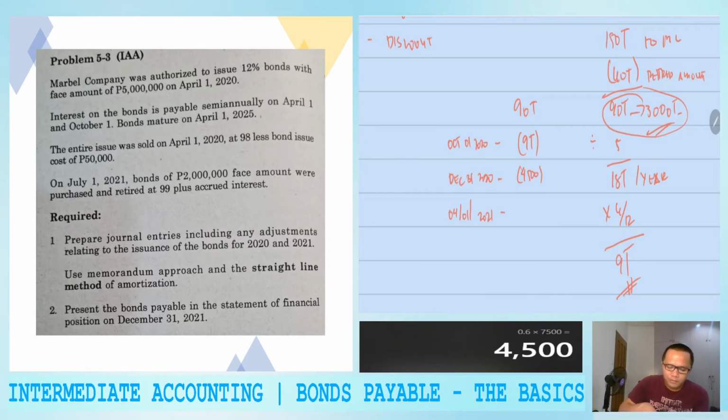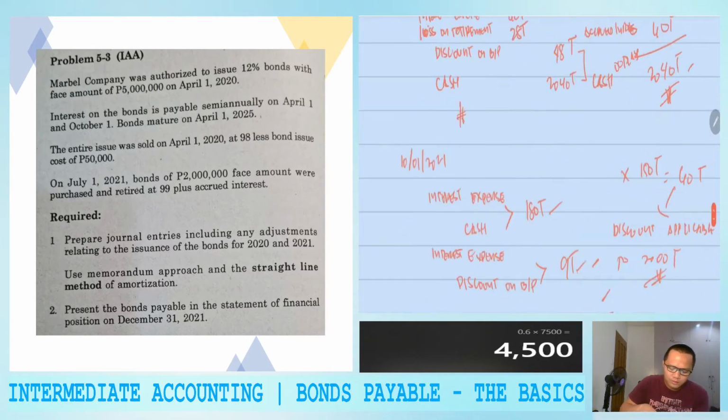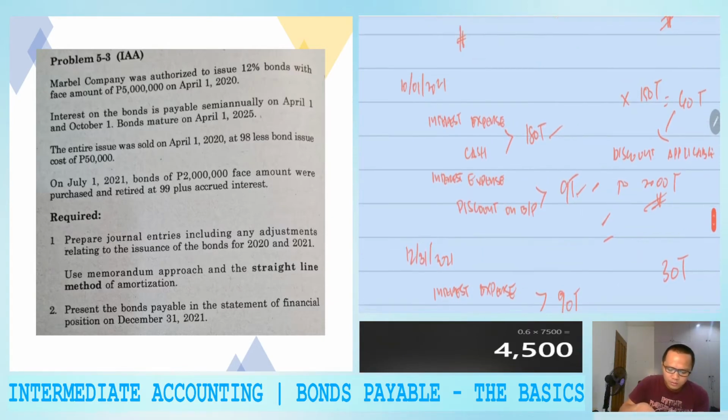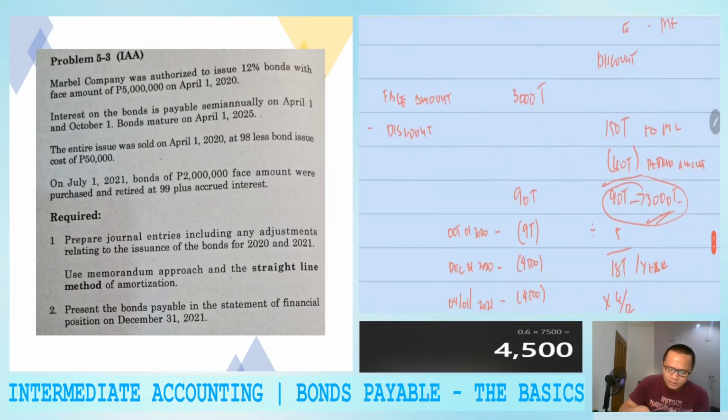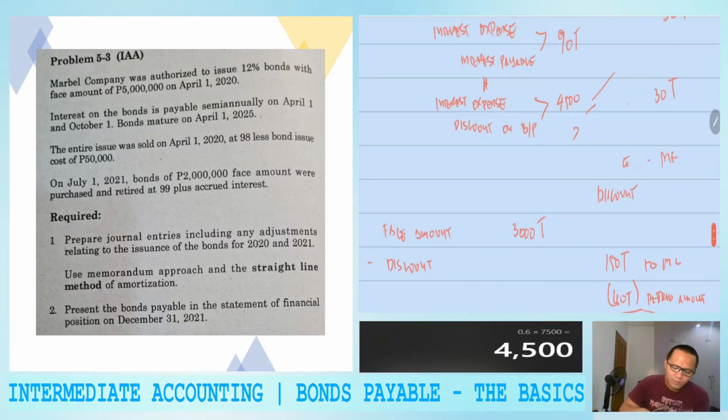Again, 7.5 yun. Di ba? So obviously, applicable sa 3 million, that is only 4,500. And next, October 1, 2021, we have amortized 9,000. And lastly, on 12/31/2021, we have amortized 4,500.